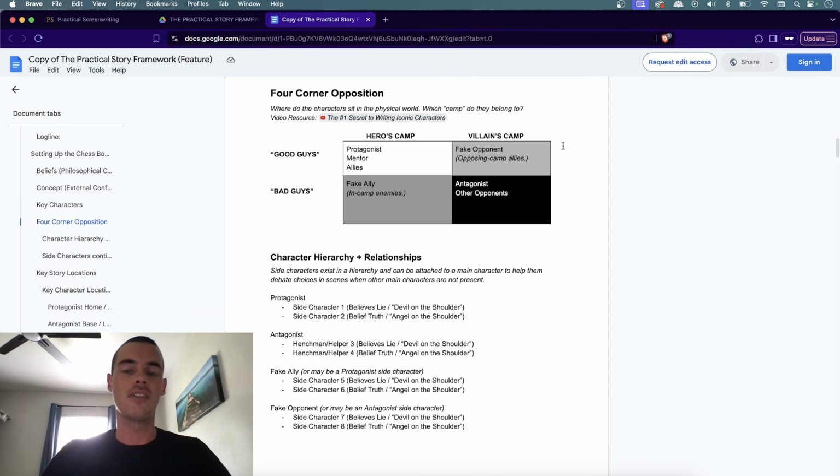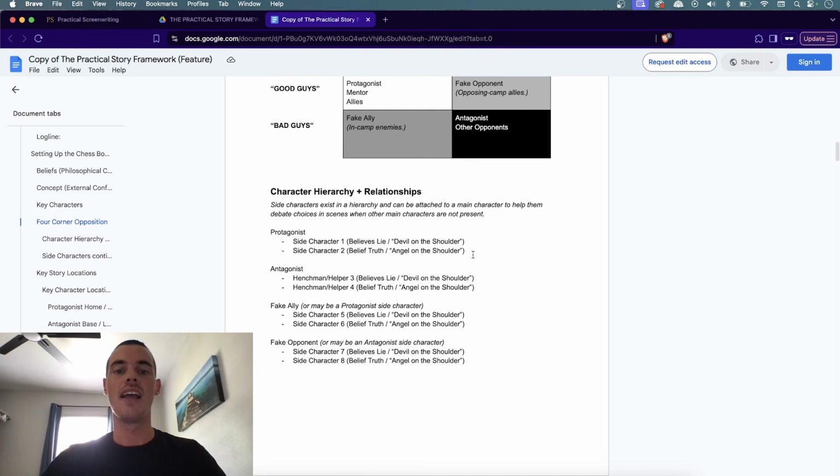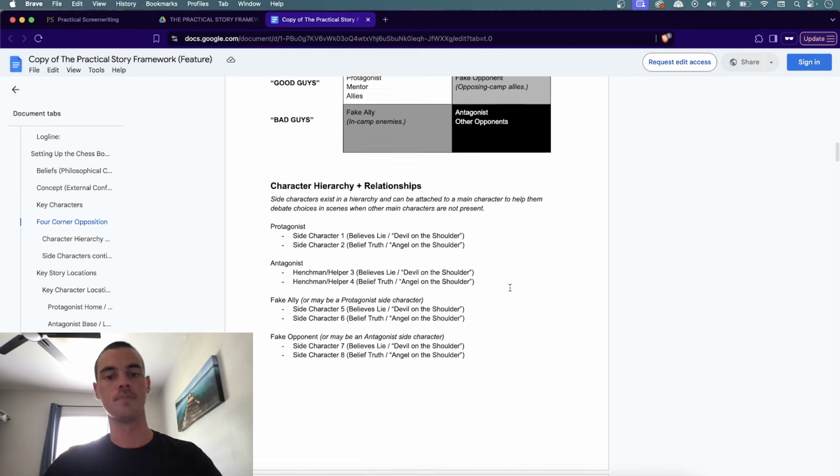What makes sense is to have something like 4 to 6 main characters, and then we have these side characters that essentially help whatever main character they are attached to make decisions, figure things out, move the story forward, this sort of thing.